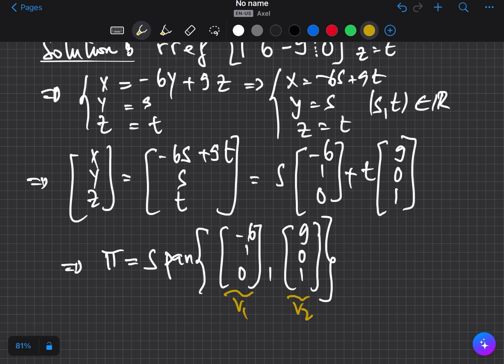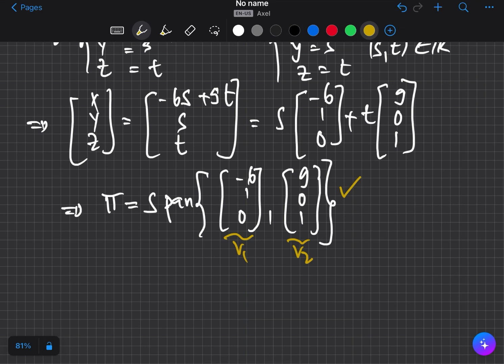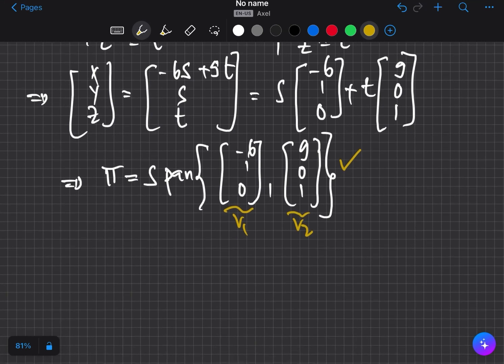So what do we get from here? We realize that the span of these vectors will give us every point on the plane. So we can be sure that pi equals the span of V1 and V2.